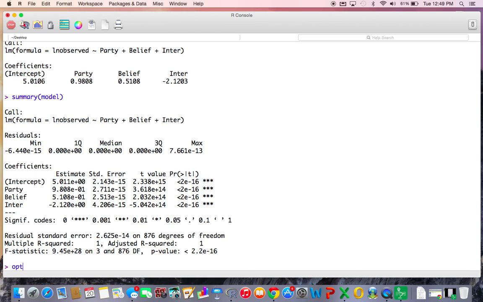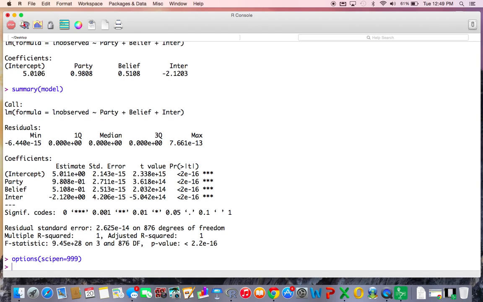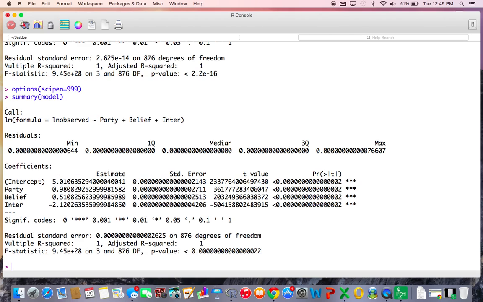Okay, let's try this. Options, scipen equal 999. All right, let's do it. I think that gets it out of scientific notation. Whoa, it does. Okay, that's cool. So our estimates now are not in scientific notation.